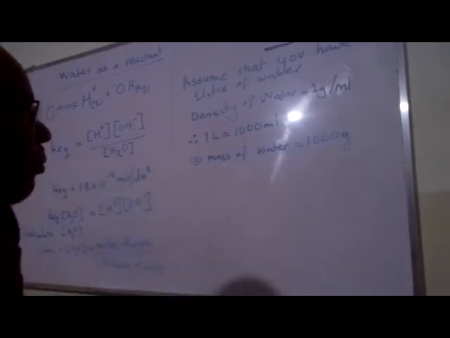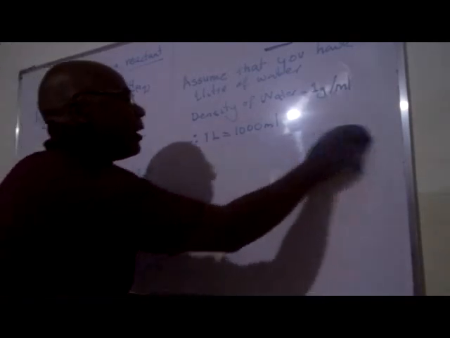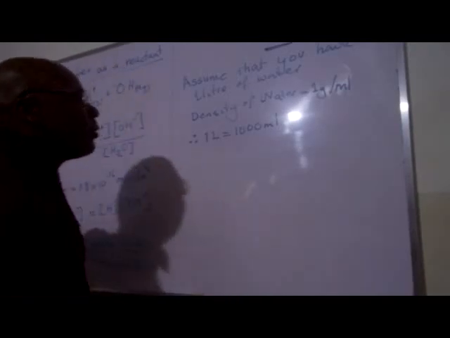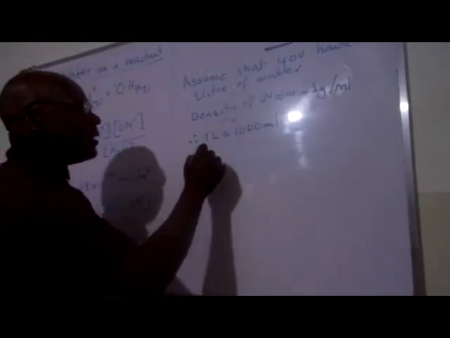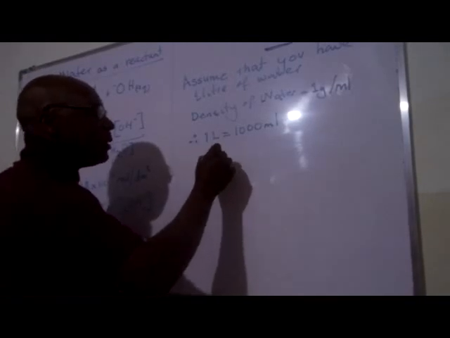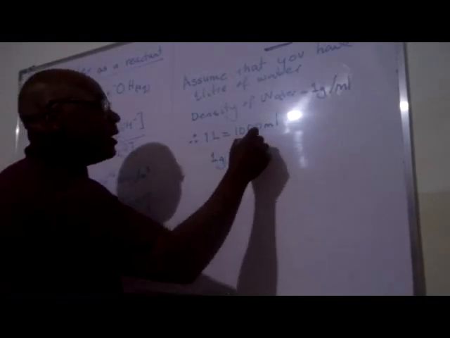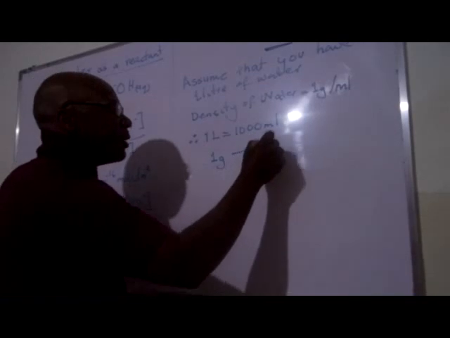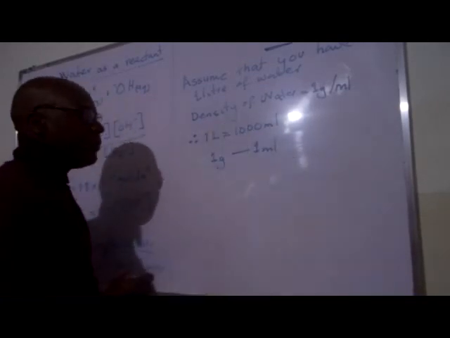Just in case there is someone who's not following, going by the density, 1 gram will be contained in 1 mil of water.